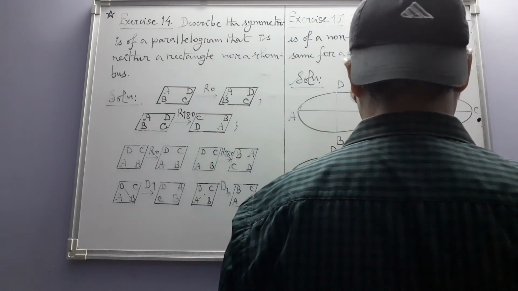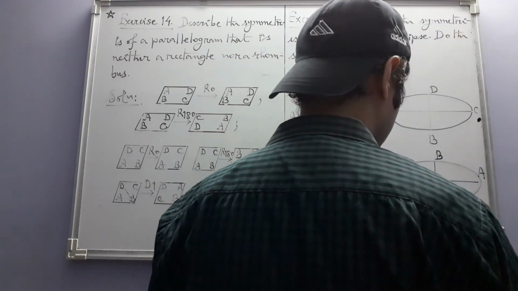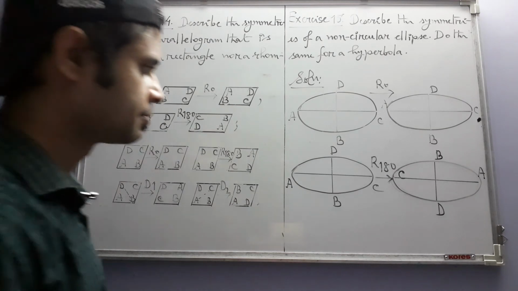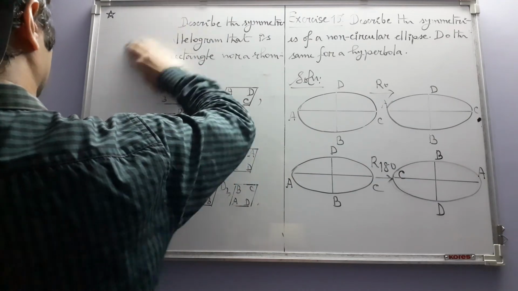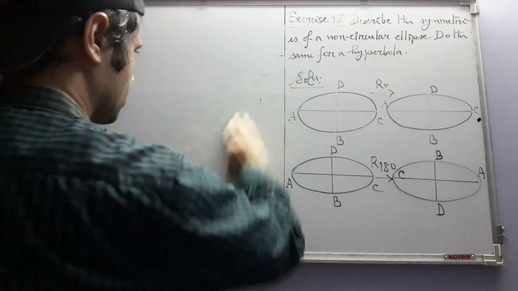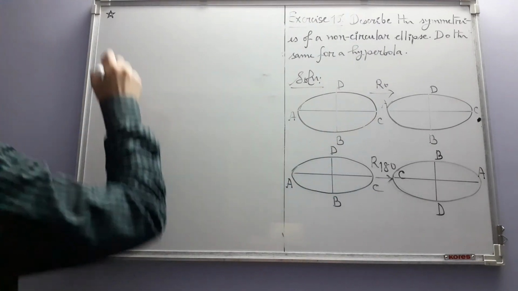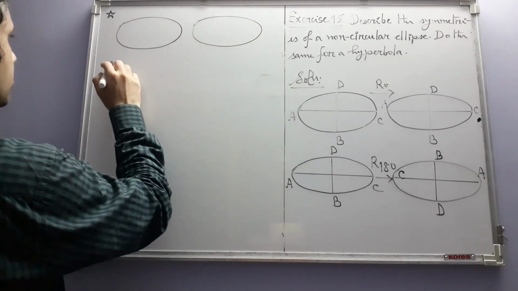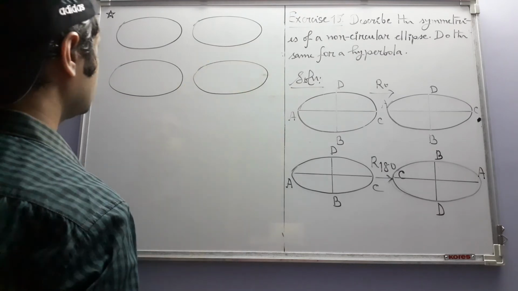So A, B, C, D. So this is another symmetry. Like that, two more.